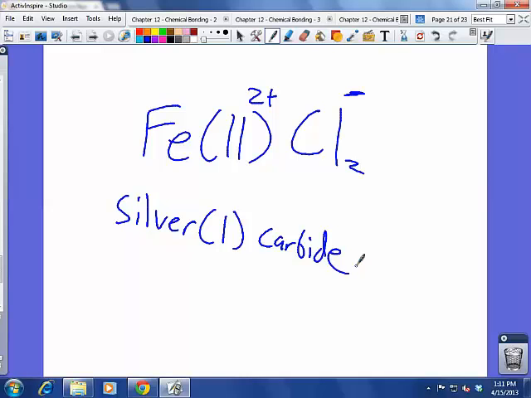Ag, we have to keep that 1 in there, but Ag4C. Because each of these is going to have a +1, each of these is going to have a -4. Because it's carbon, so it's in group 4, and it's a non-metal, so that means it's going to be a -4.